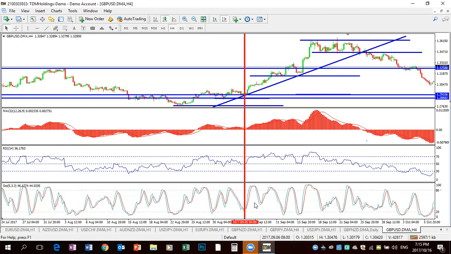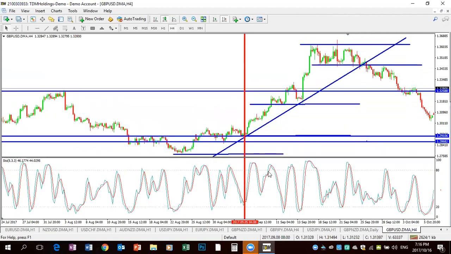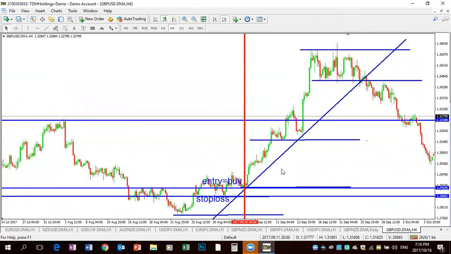Now, if you want to delete your indicators because you have seen they have confirmed whatever you wanted to confirm, you go to them and right click and delete indicator. Let's delete our MACD. I've deleted my MACD. If you want to delete your RSI, you right click and say delete indicator. You go to your stochastic, right click and delete your indicator.